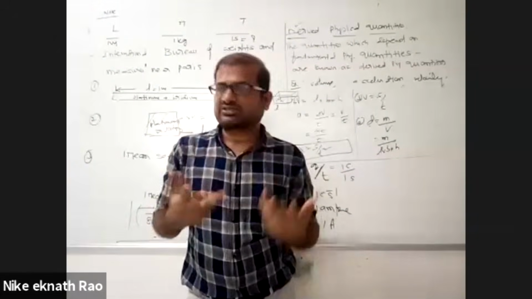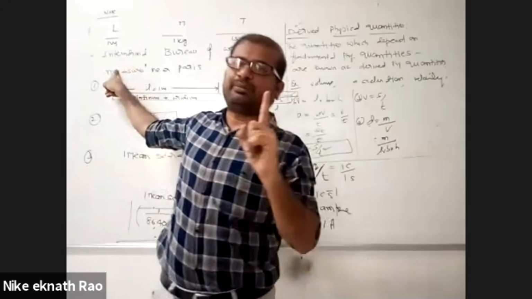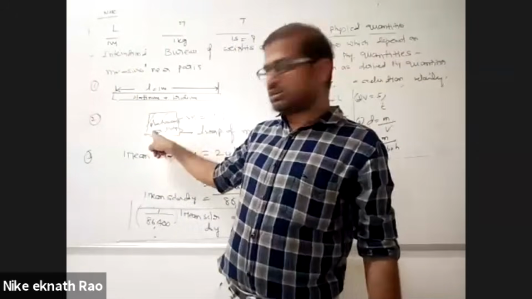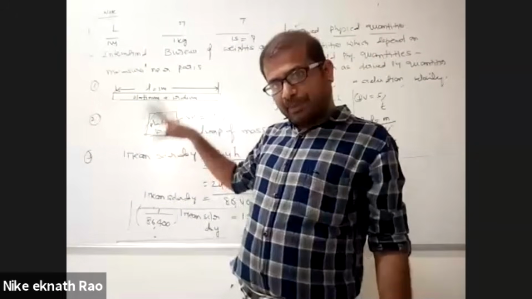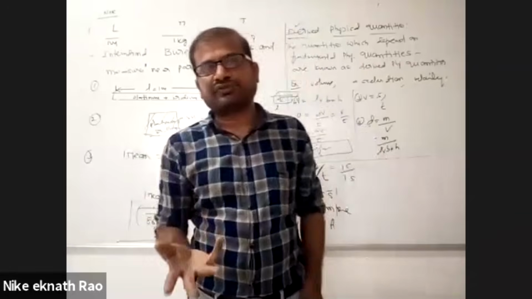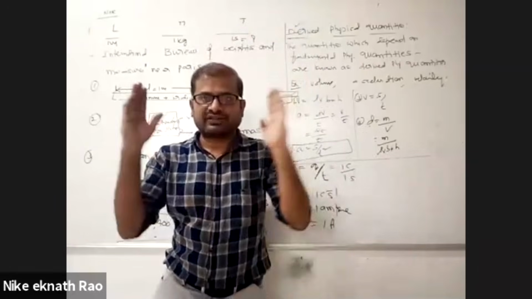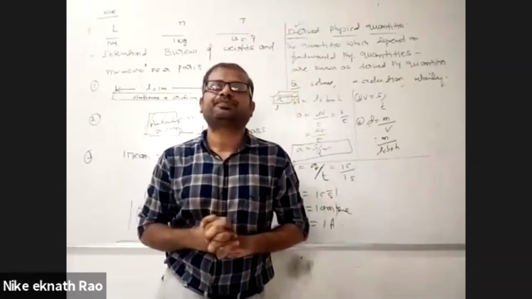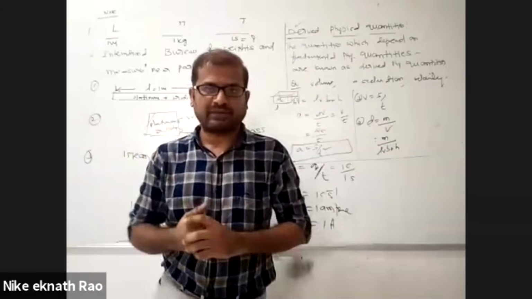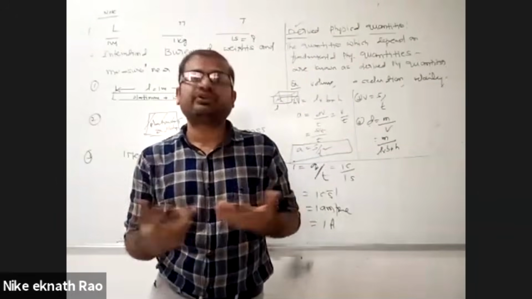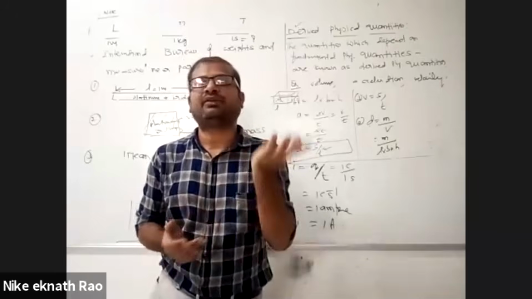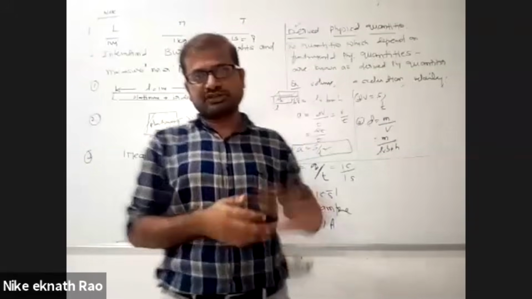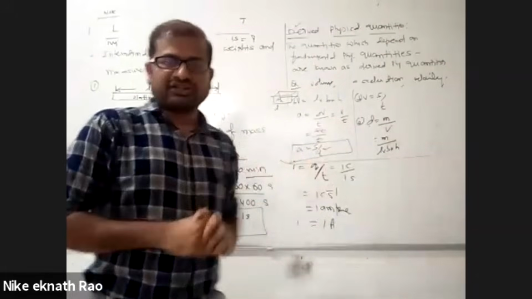In the SI system we define how much 1 meter, 1 kg and 1 second mean. Apart from these 3, 4 more quantities are taken, so a total of 7 are base quantities. Tomorrow I will discuss them. Next we took derived physical quantities, which depend on fundamental quantities, with examples. This is today's discussion.